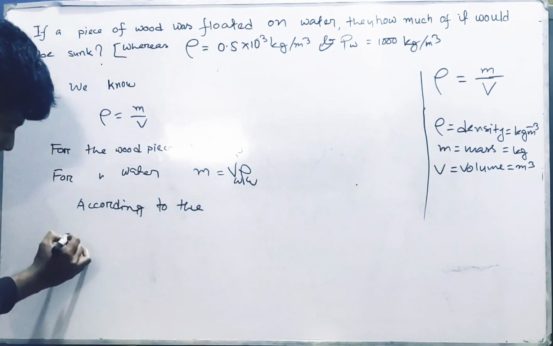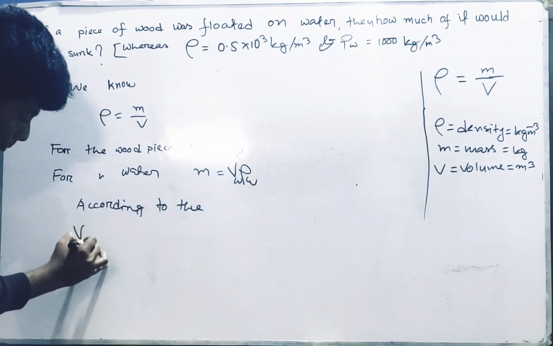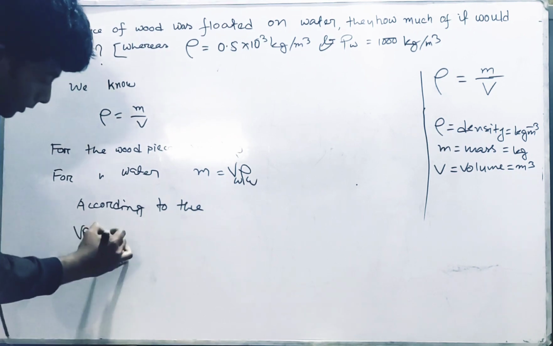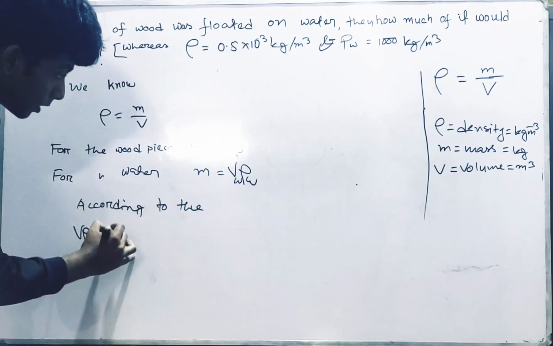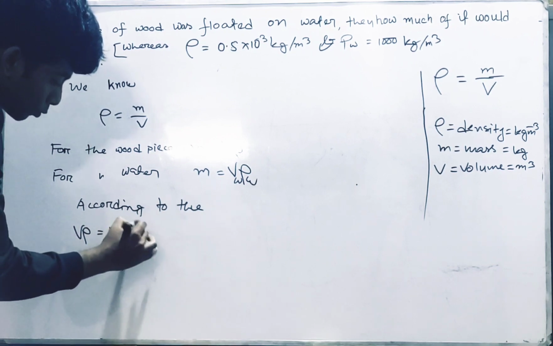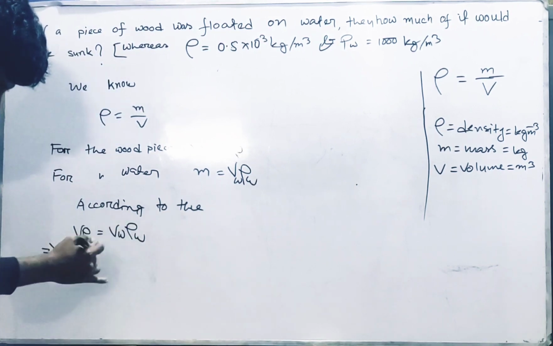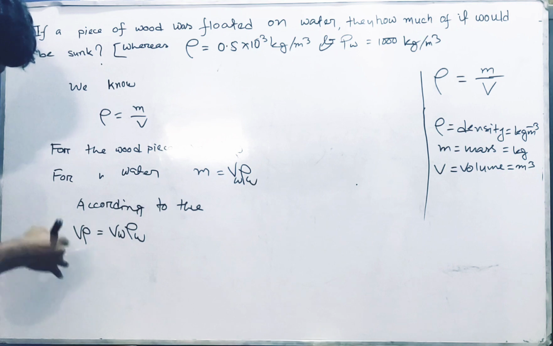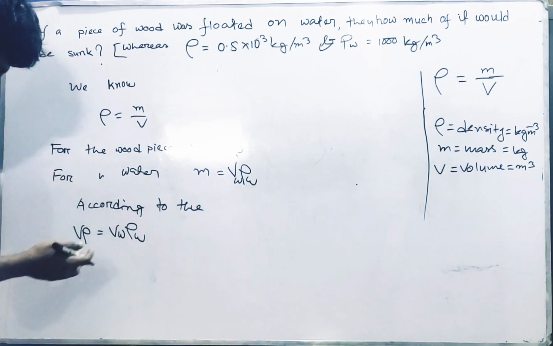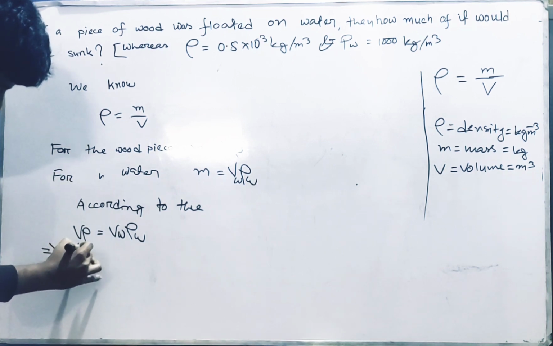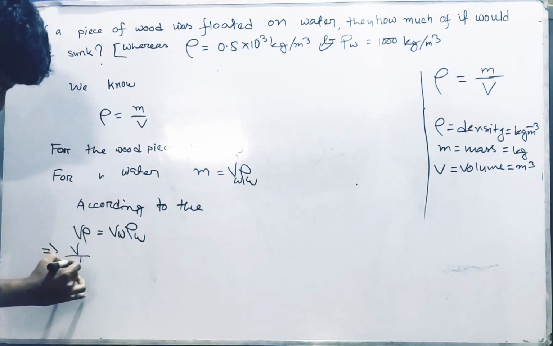Okay, so we will write v rho equal to vw rho w. Then we will try to interchange the places. Vw by v equal to rho by rho w.